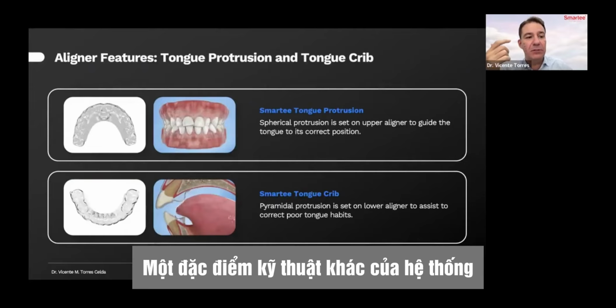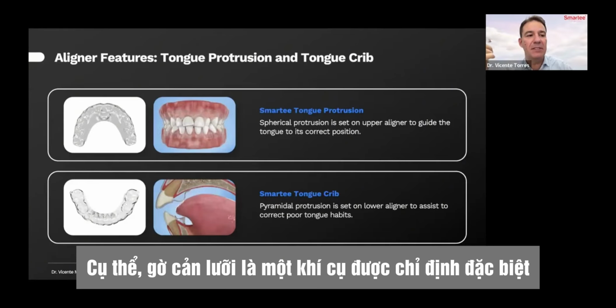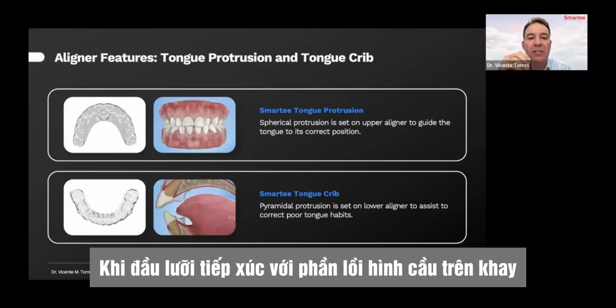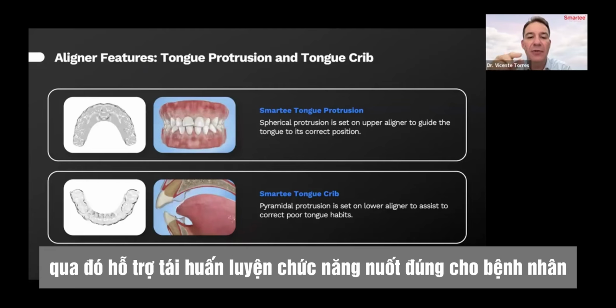The other features we have are the tongue protrusion and the tongue trip. The tongue protrusion device is especially indicated for patients with abnormal swallowing habits, where the tongue encounters the spherical protrusion and naturally positions itself in that area, helping to re-educate the patient to swallow correctly.